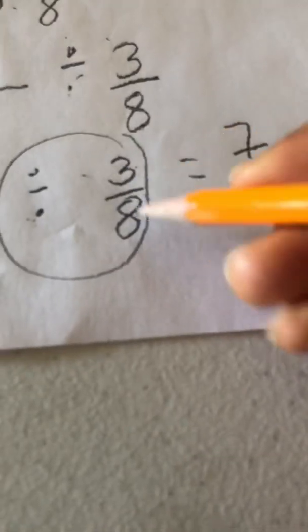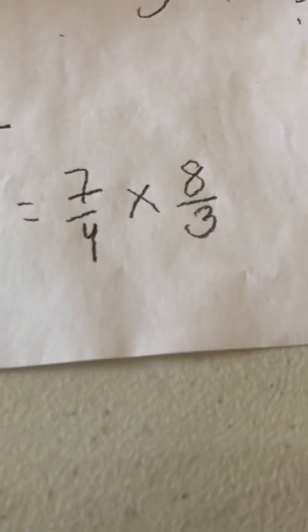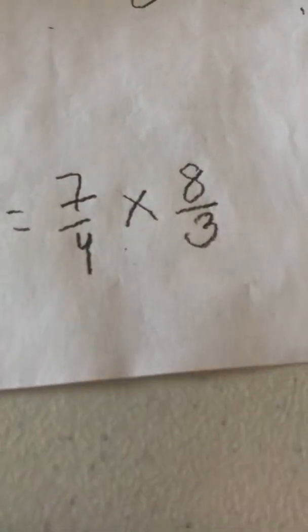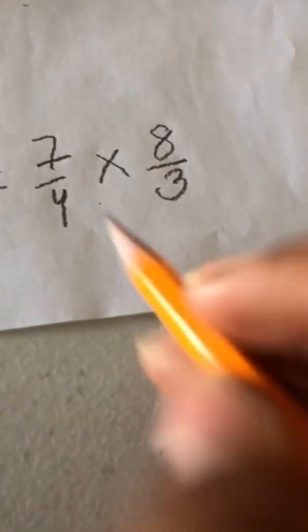So we do 7/4, change that to multiply, and then change 3/8 to 8/3. So now we got to try to solve, but we got to make this simpler, make it smaller. So we look at these numbers from this direction and from this direction.